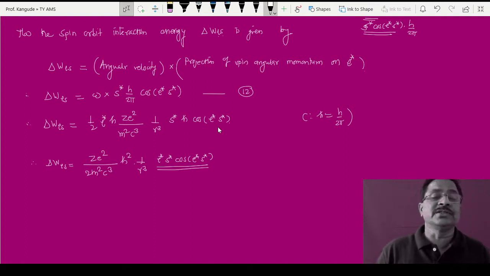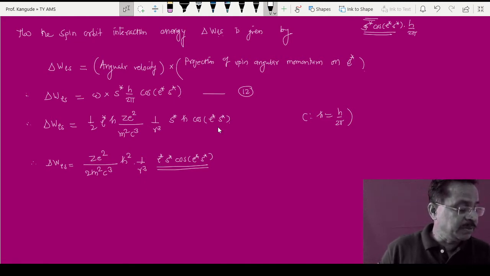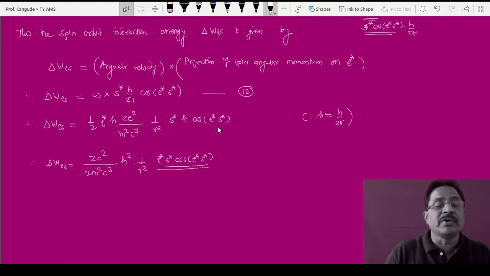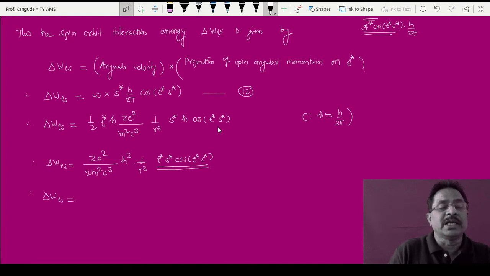So I'll get a relationship: the spin orbit interaction energy delta WLS is given by this type of relationship here. Further I'll write this in another format. This h cross square can be written again in this format as given in our book.